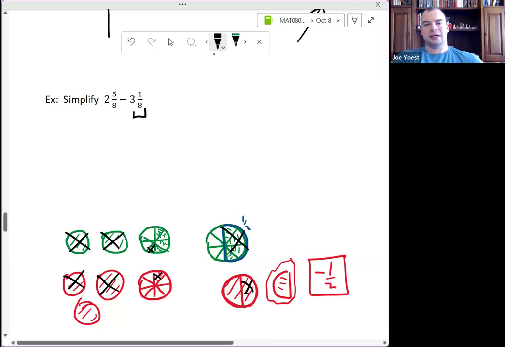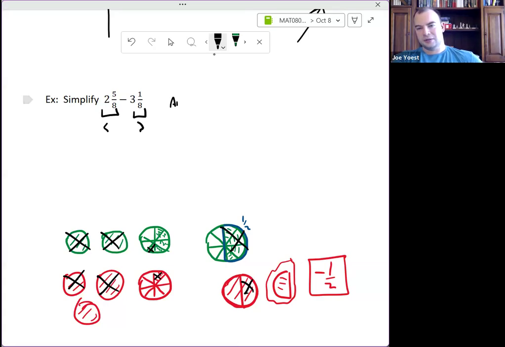I see the thing that I'm subtracting off is greater than the thing I'm subtracting from. In other words, I know that my answer is going to be negative. So my answer is going to be negative, but then for the size of the answer, the magnitude, I'm going to flip these.